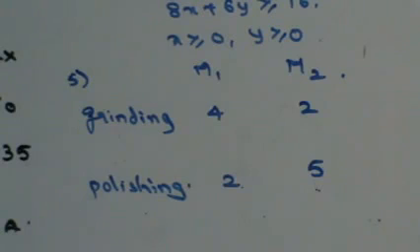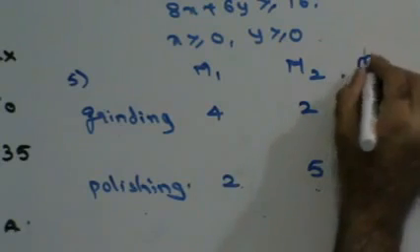The company has 2 grinders and 3 polishers. Each grinder works for 40 hours a week, and each polisher works for 60 hours a week.